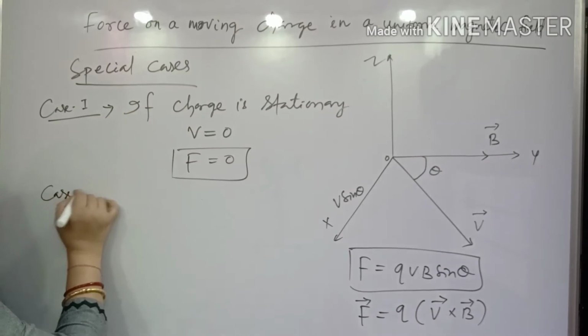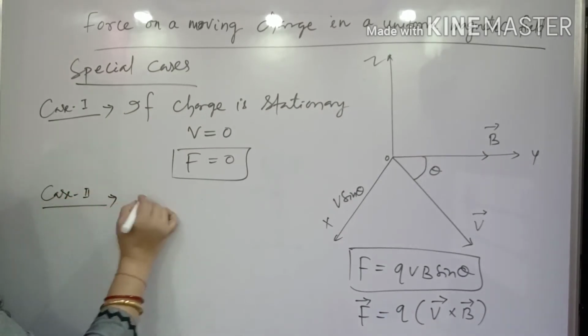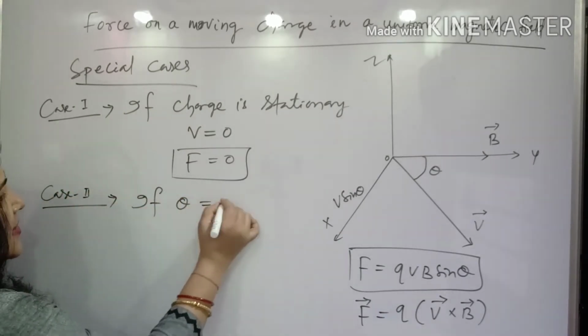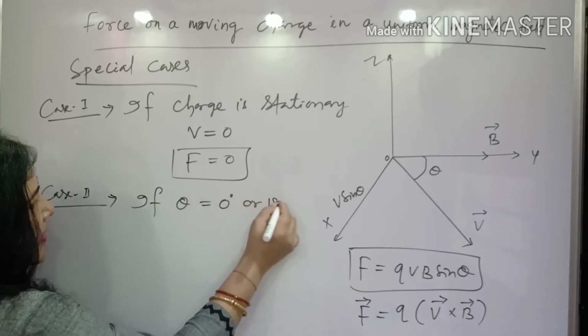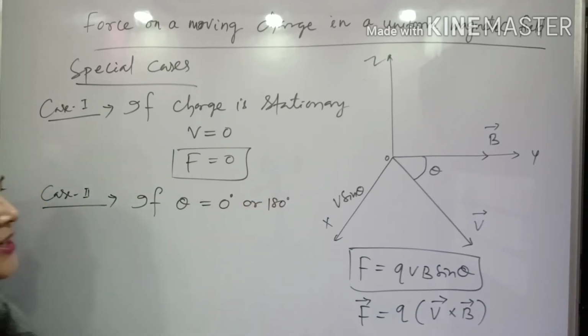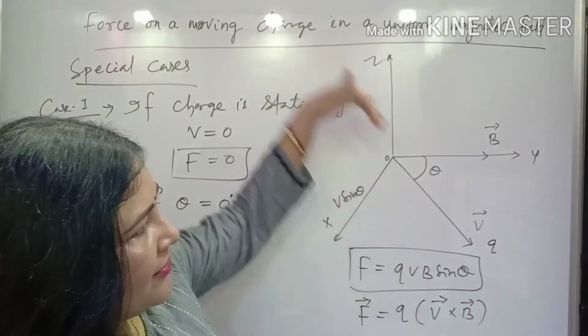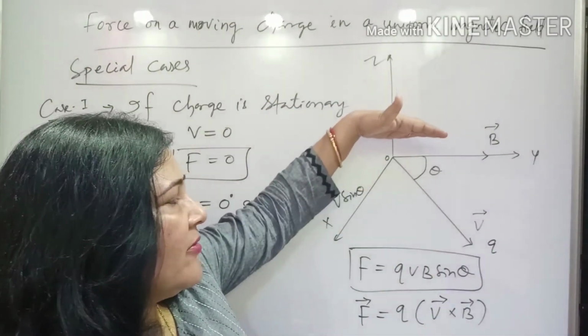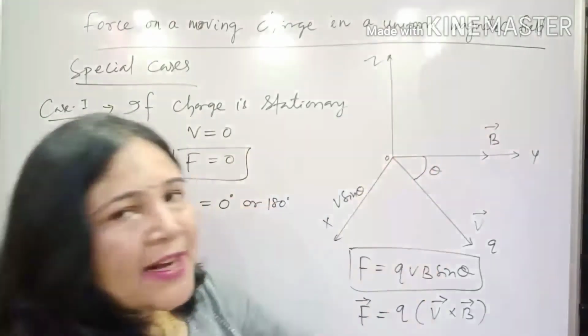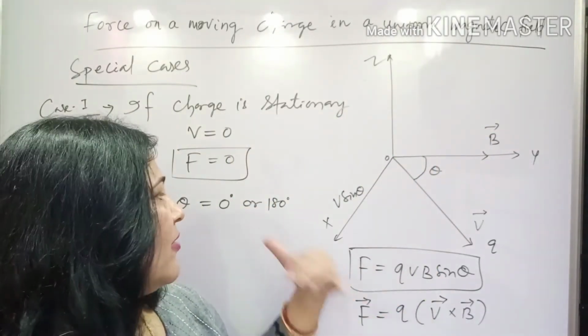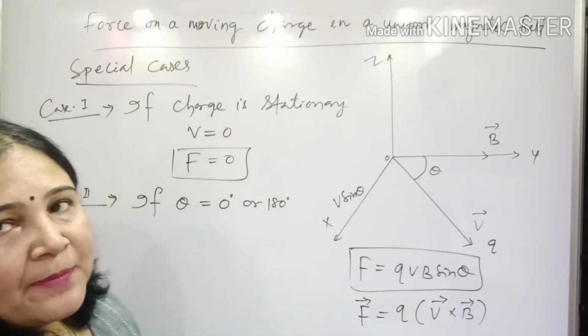Now the second case, if theta is either 0 or 180 degrees. This is the direction of the charge which is moving. If the charge is making an angle of 0 degrees, that means it is moving parallel to the field, or if it is making 180, that means it is moving anti-parallel to the field.